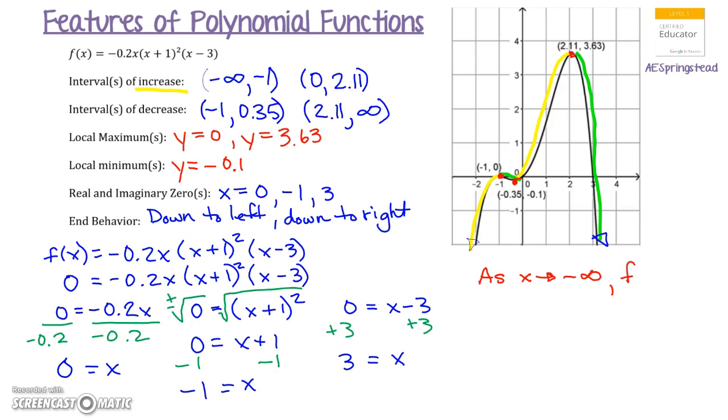In this case, they're going down, which means that the y values are also approaching negative infinity. For the right-hand end, we can say as x approaches positive infinity, in other words, as we're going to the right out here on our graph, I can see that the y values are going to negative infinity again. So then we can say f of x approaches negative infinity.